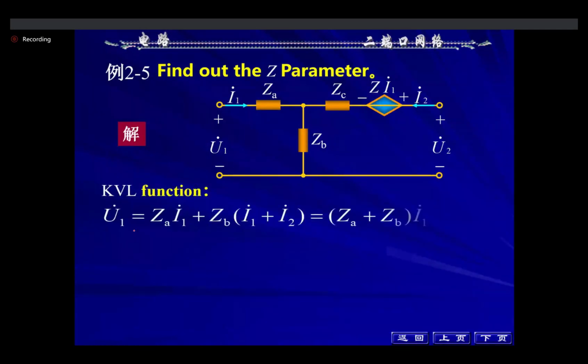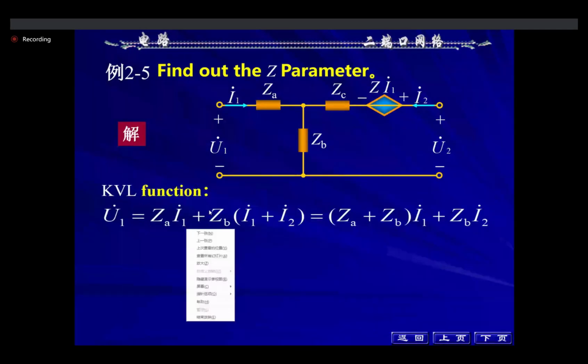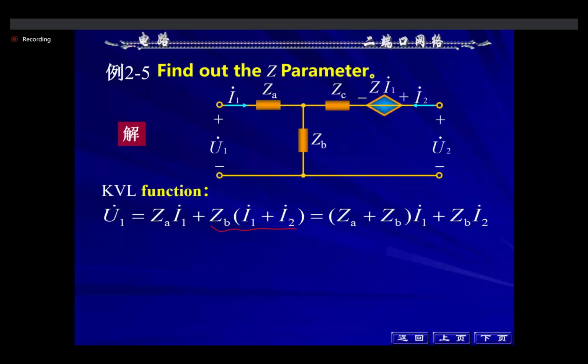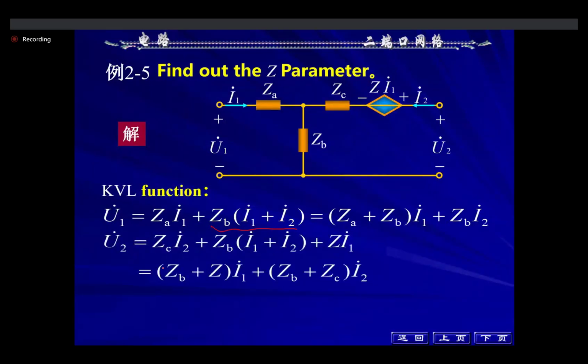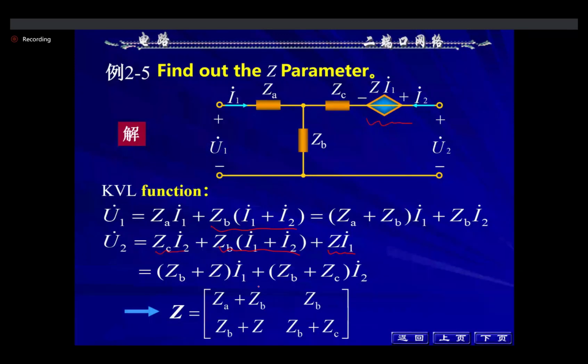Our function: U1 is the ZA voltage plus the ZB voltage. U2 is the ZC voltage plus the ZB voltage plus this dependent source voltage. So this will be U2. Write in the matrix form G11, G12, G21, G22.